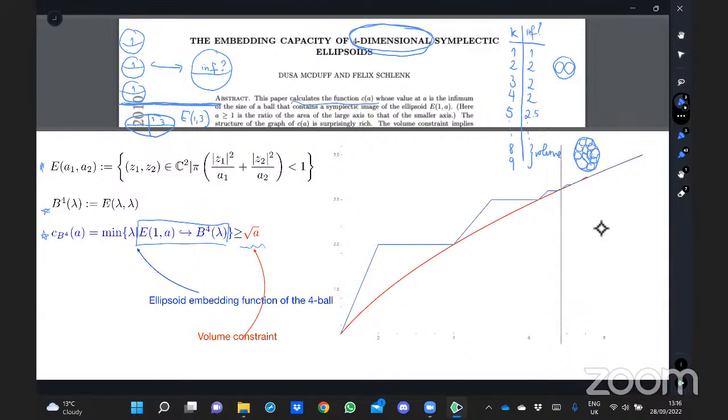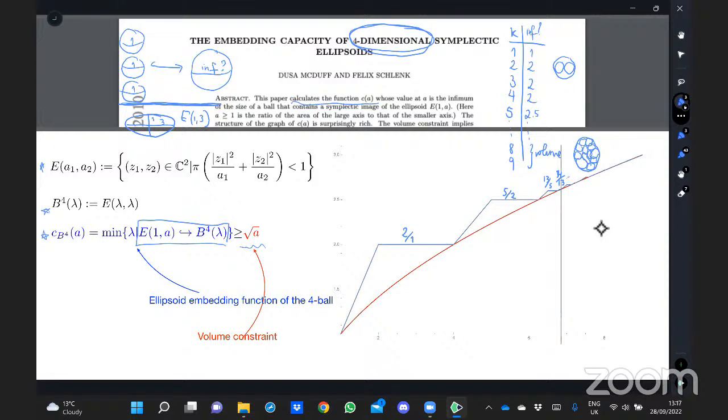I could just give you the heights of each of these horizontal bits, and that will determine the whole function up to this vertical line. The heights are 2 over 1, 5 over 2, 13 over 5, and then the next one is 34 over 13, and it continues up until that vertical line.